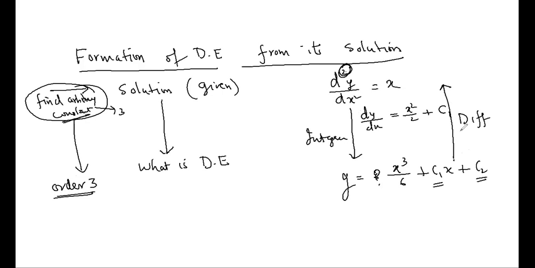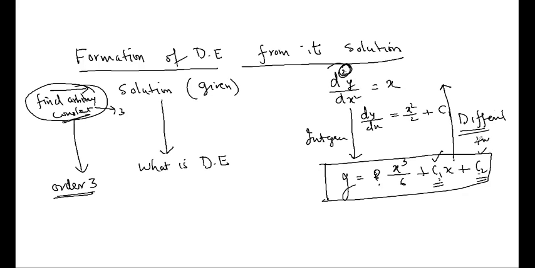Now the question is, how many times to differentiate? I know only the solution. How will I come to know how many times? There are 2 arbitrary constants, hence it is a second order differential equation. So if there are only 2 arbitrary constants, you have to differentiate twice. Is that clear?